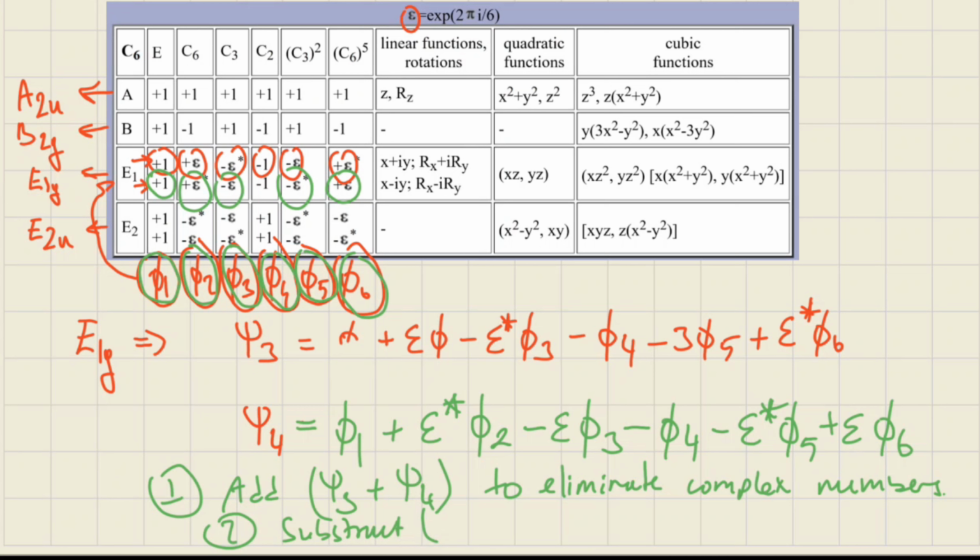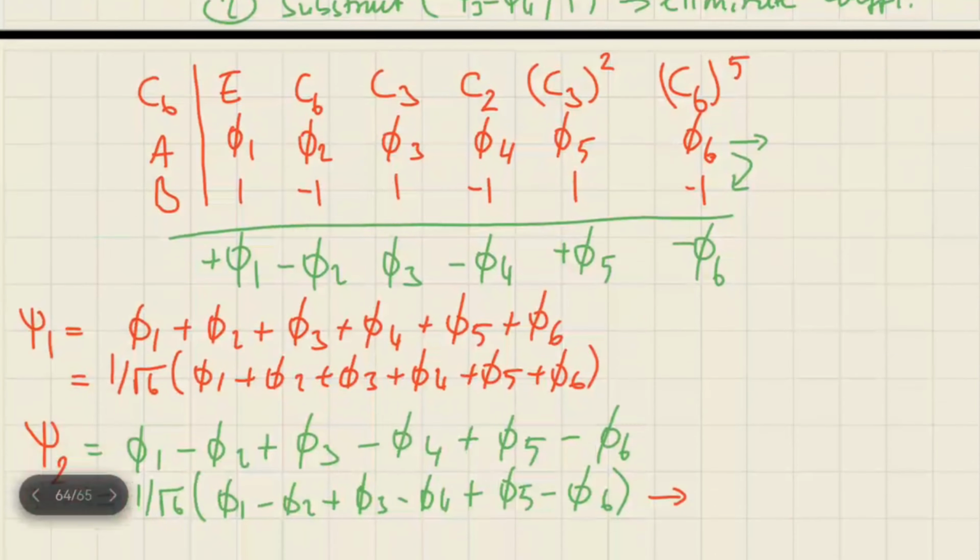So I will subtract our two wave functions. And I will divide them by i. And it will eliminate coefficients.